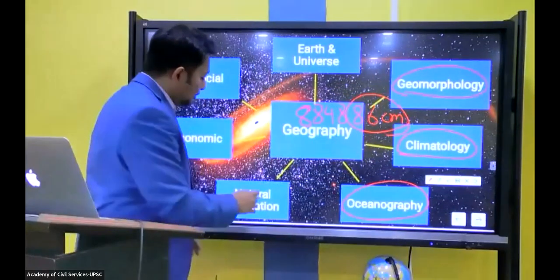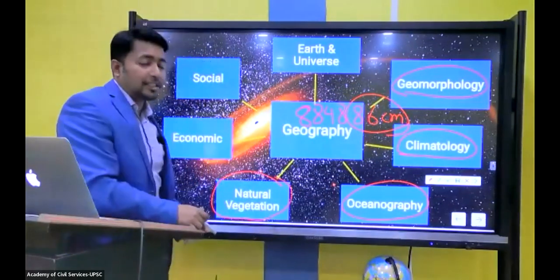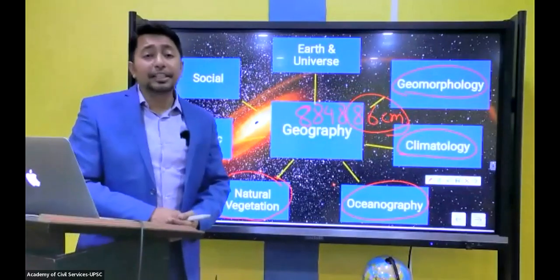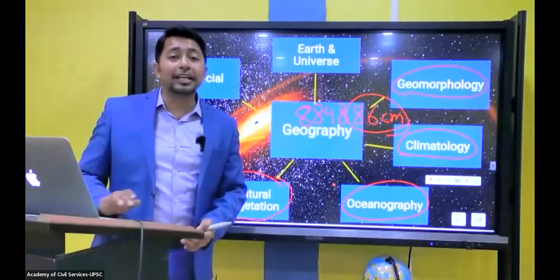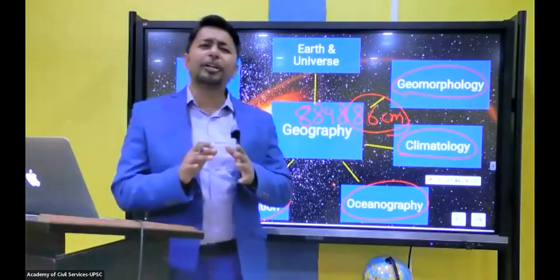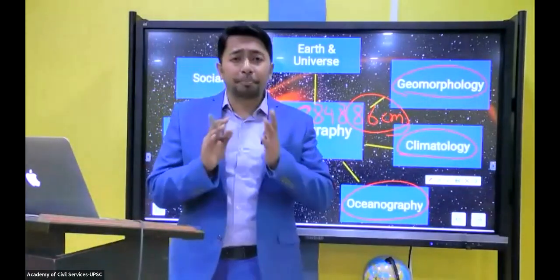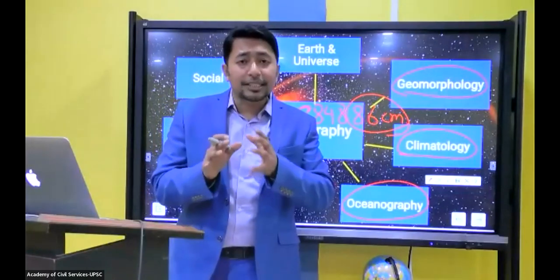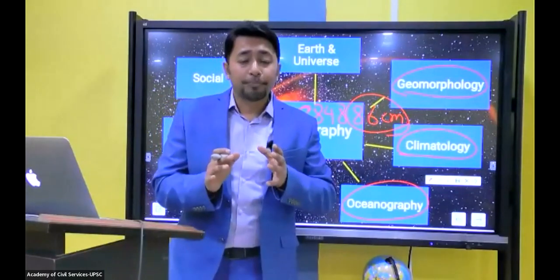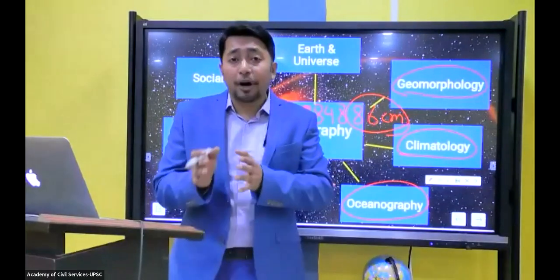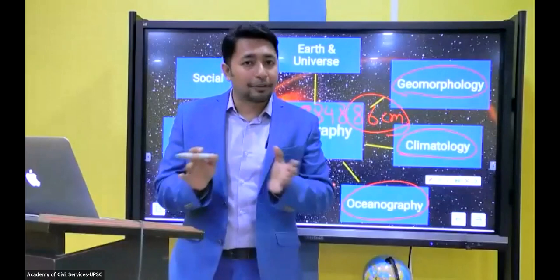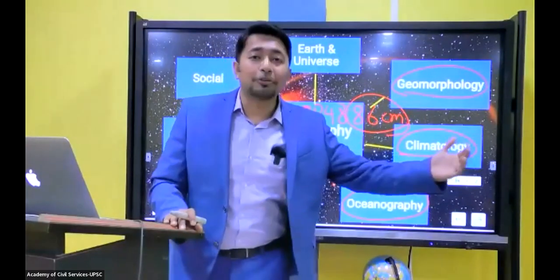After that, we will learn the natural vegetation. In natural vegetation, we have to understand about the forest. We will learn about different trees and different plants, and how forests differ. Obviously, the forest found in northeast India will be different from the forest found near Gujarat.